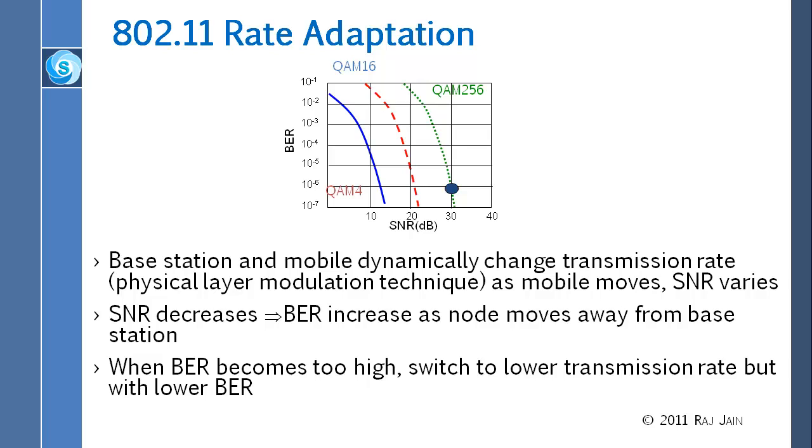So if your signal to noise ratio is very good, meaning signal is high and noise is low, right here, you can use a coding that gives you 10 raised to minus 8 bit error rate, and that is QAM 256. Now for QAM 256, the only thing to understand is that 256 is 2 raised to 8, and so you get 8 bits per hertz.